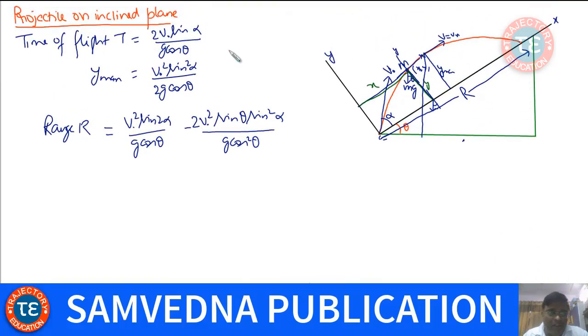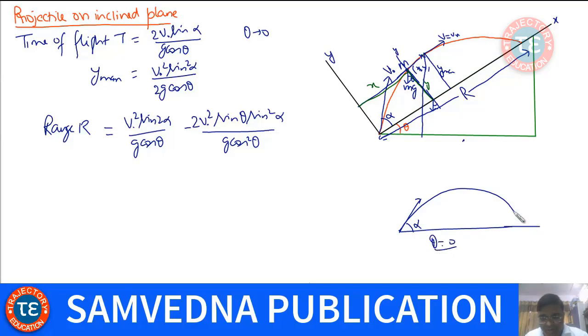And in all these formulas you can see that if you put theta tending to 0, then all these formulas will turn into the formulas for the projectile on a plane surface. Theta is 0 for projectile on a plane surface.